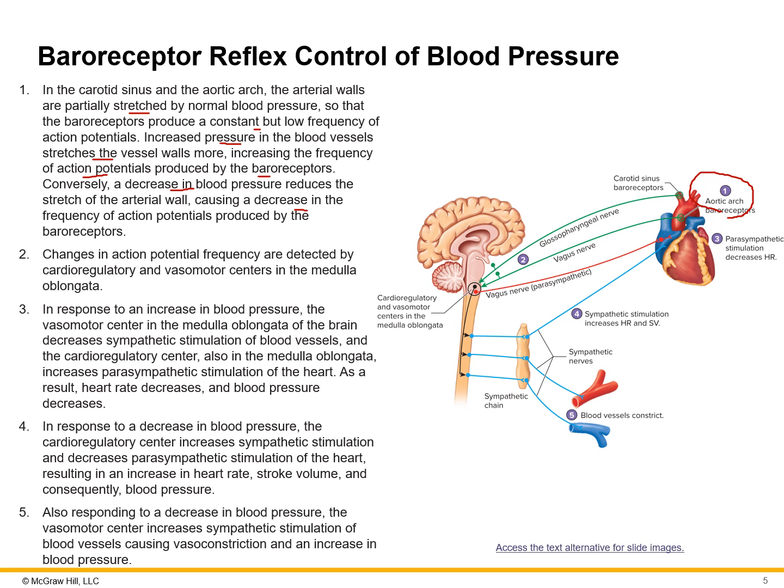Okay, so then what does all that do? So then changes in that frequency of action potential. So again, if the pressure is high and that stretch and frequency is increasing, that gets detected by the cardioregulatory and vasomotor centers there in that medulla oblongata, so shown in here.